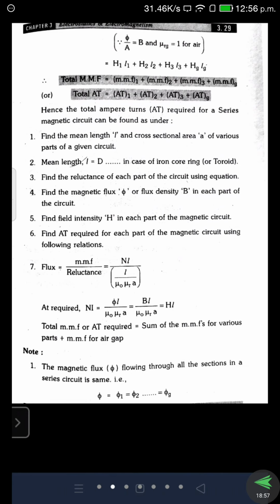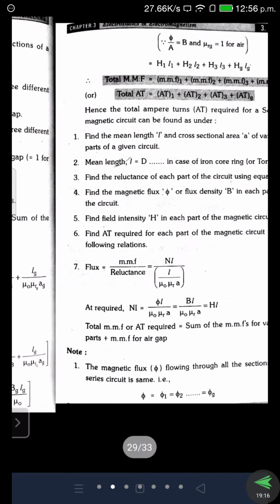But in most cases the examination is limited to 3 different types of materials combined in series, so questions may be asked only up to that range. These are the formulas you need to remember, for the series connection. Whatever the problem may be, the basic formulas are essential.